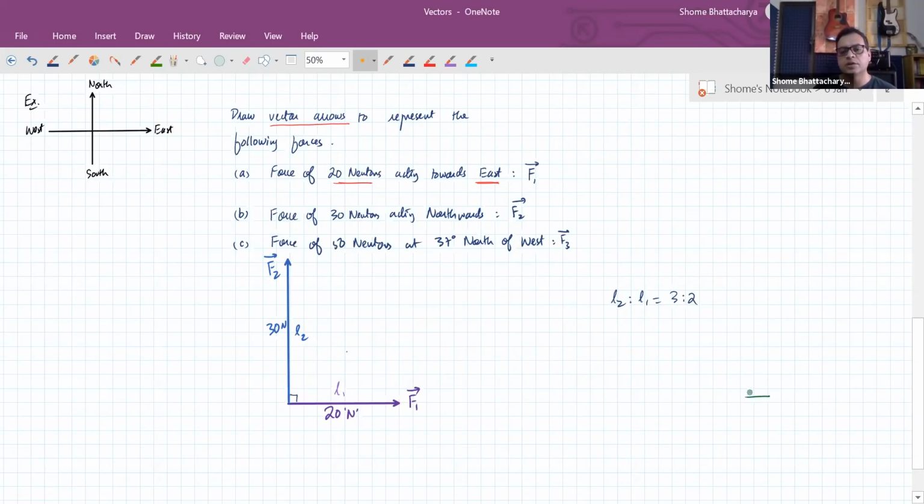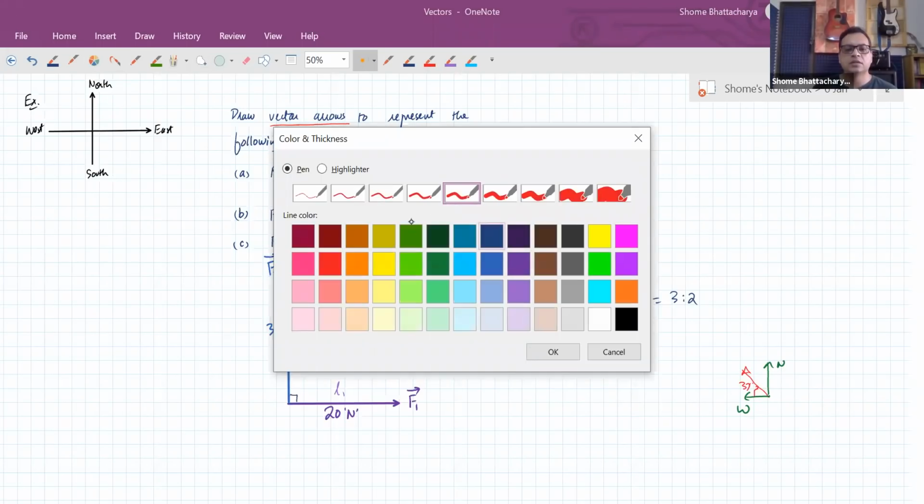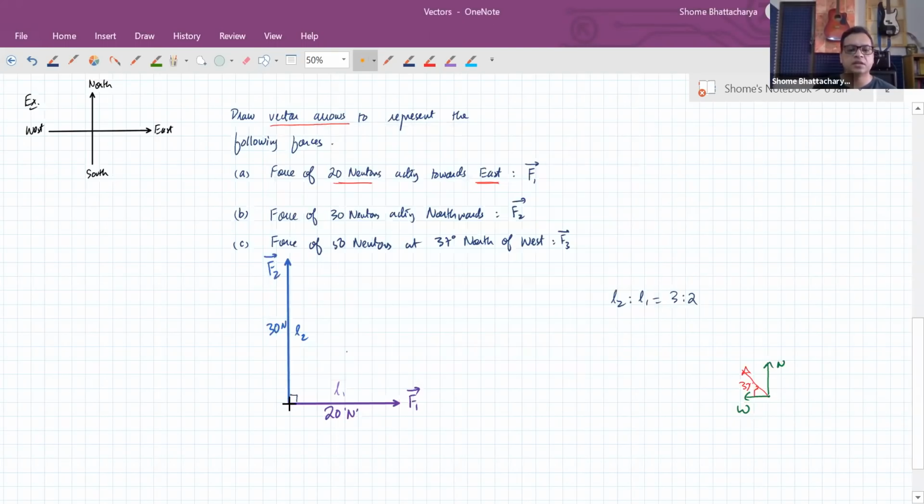This is the direction pointing towards west, this is the direction pointing towards north. So from west we have to turn by 37 degrees towards north like this. This sort of direction is what we mean by it. So this vector will now look like this. Its direction in comparison to these two will be something like this.